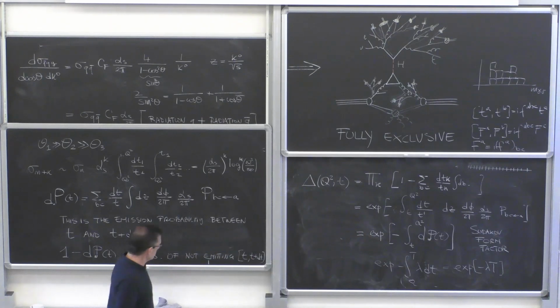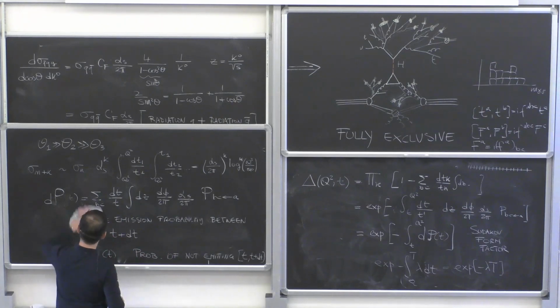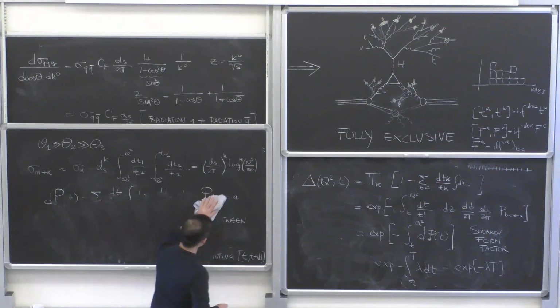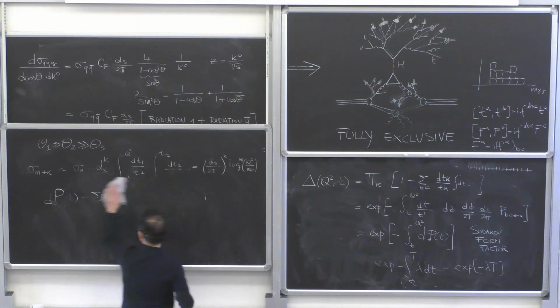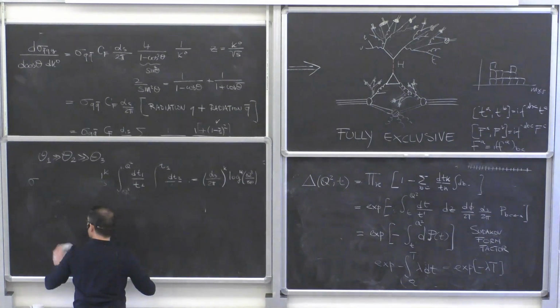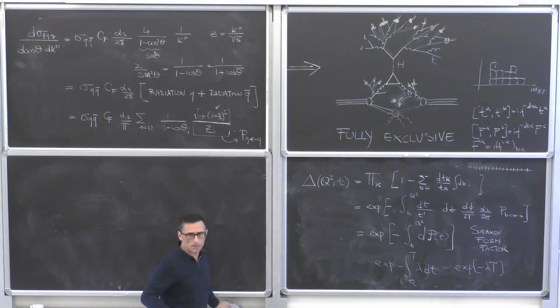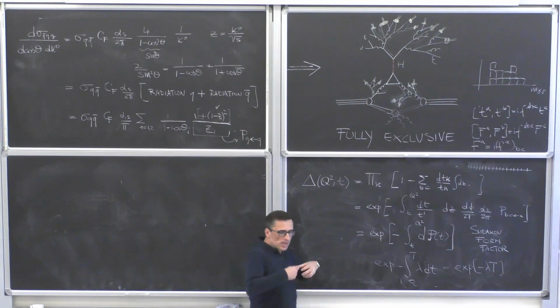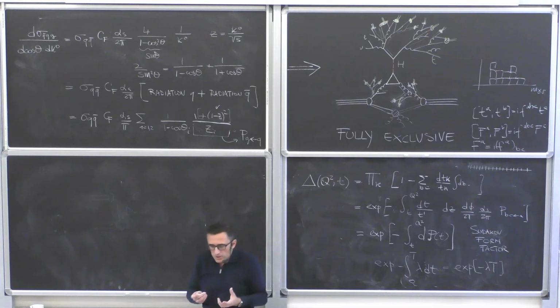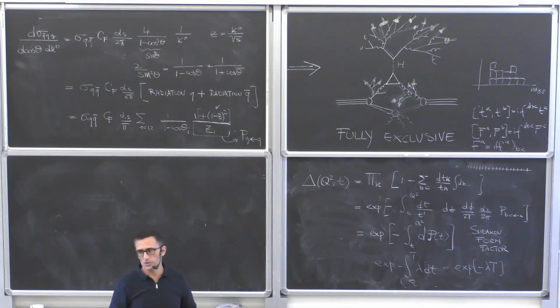This Sudakov is the basis of a parton shower, because now we use this probability of not branching. Again, I repeat why I'm using the probability of not branching: because that one has in its guts all the corrections from virtual and real. So it is the thing that contains all the physics, the most important part of the physics.